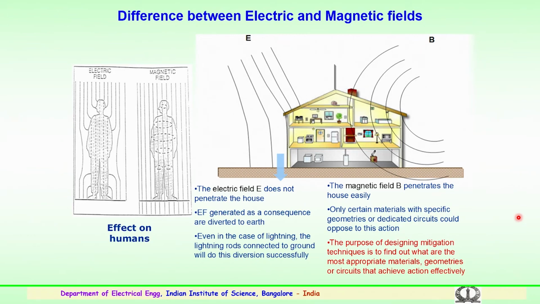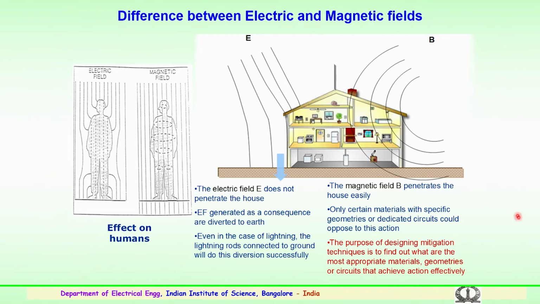So, the purpose of designing the mitigation techniques for the magnetic field is to find out what are the most appropriate materials which could be used and what types of geometries are to be employed, so that the shielding of the magnetic fields could be effectively carried out.